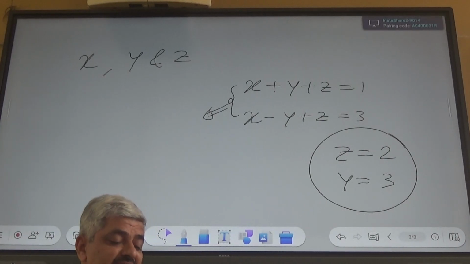Two planes represent a line. Now the third plane which I am going to introduce will be of what type?